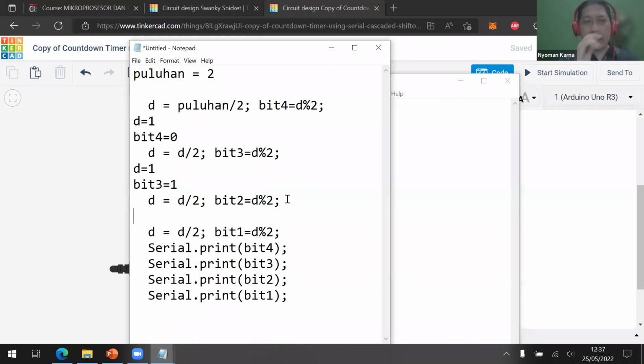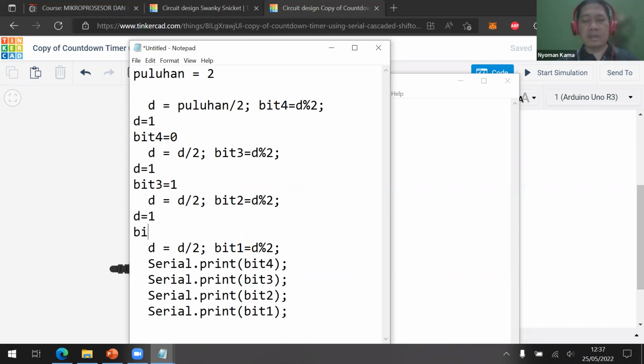And then D is still 1, so 1 divided by 2 is still 1. And then bit 2, 1 modulo 2 is still 1. Okay.